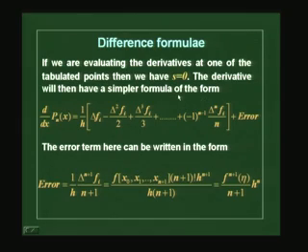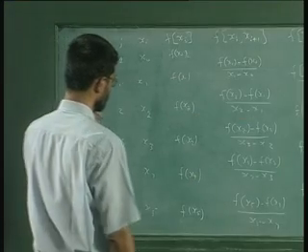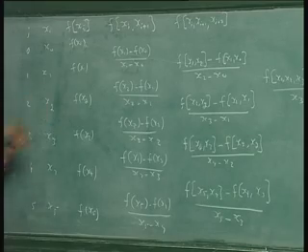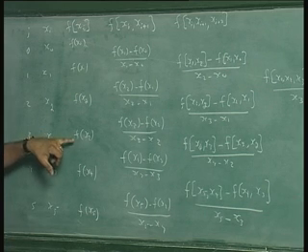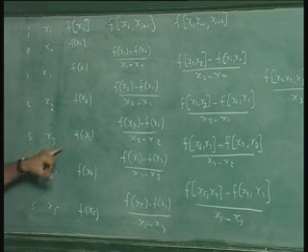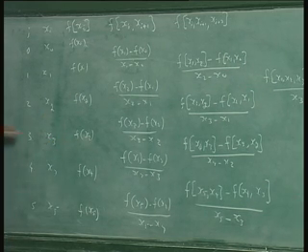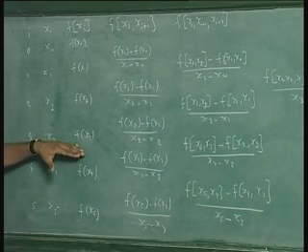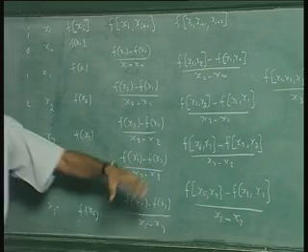That is, if I want to evaluate the derivative of the function at, let's say, x3, then I could enter the polynomial here, at this point, and then look at what the derivative is.